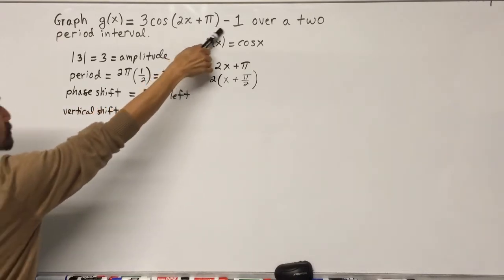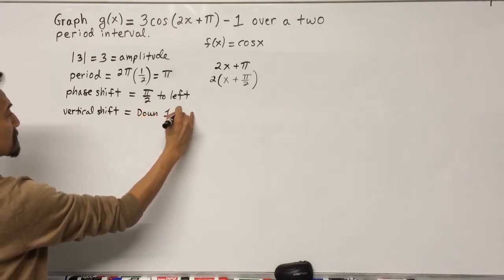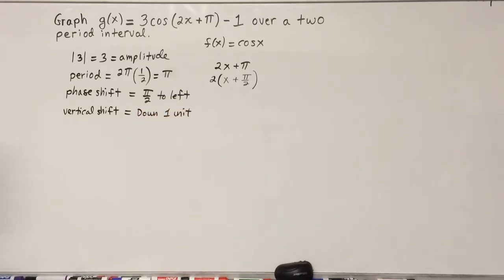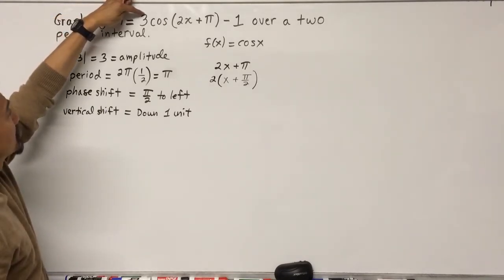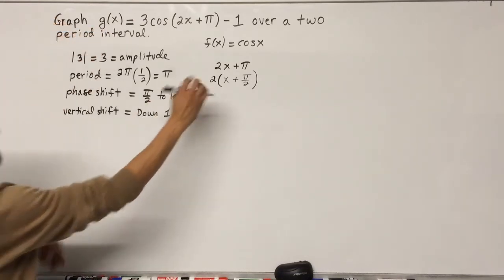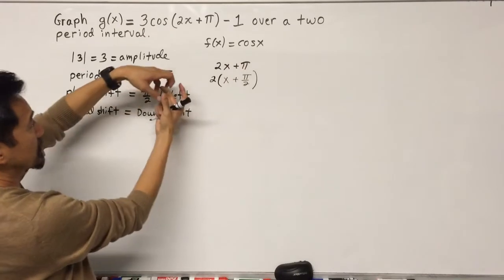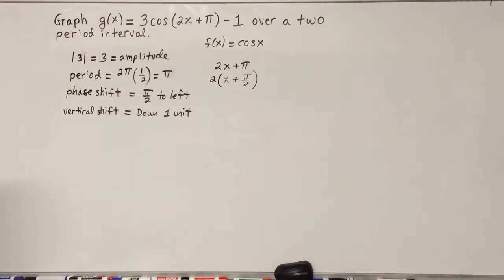And so we are subtracting 1, so that means that the vertical shift is down 1 unit. Okay? So that 3 in front gave us our amplitude, but remember that meant that the original parent function was stretched vertically by a factor of 3. Okay?